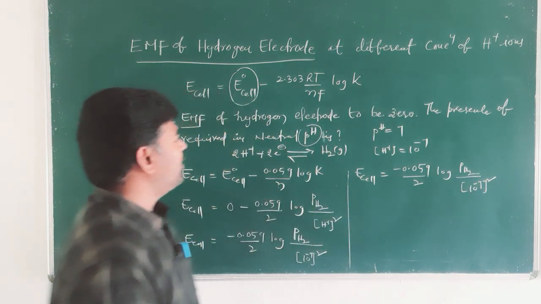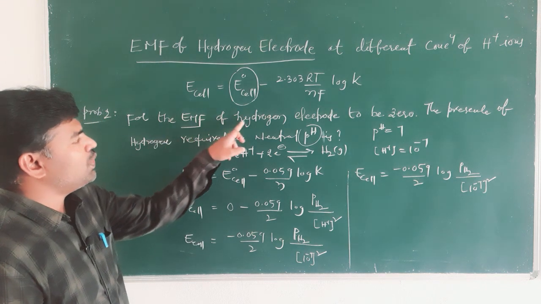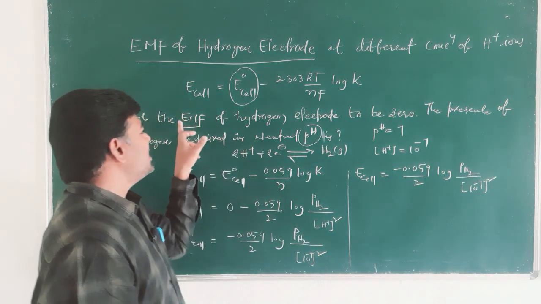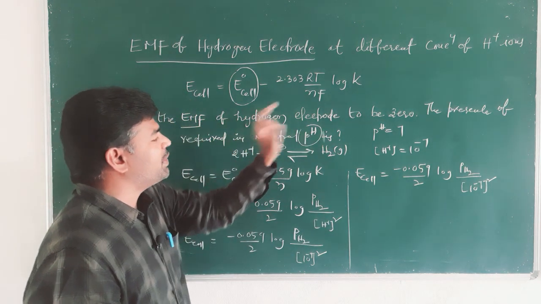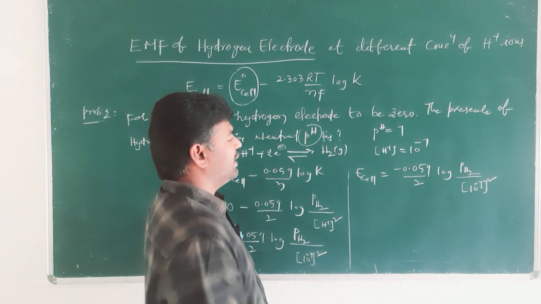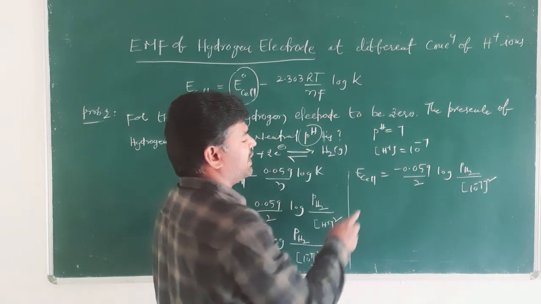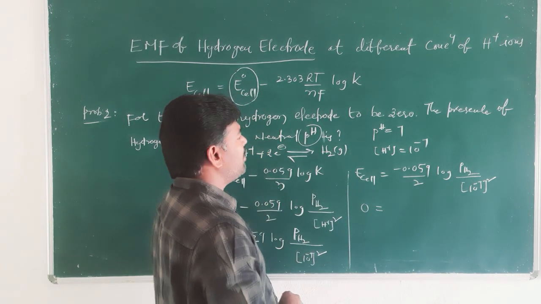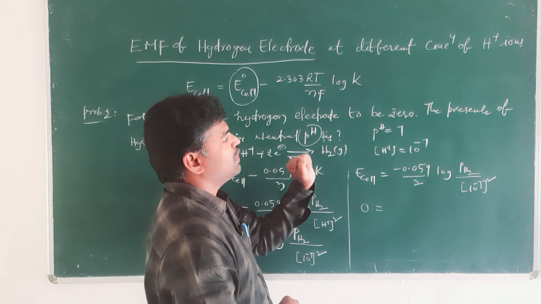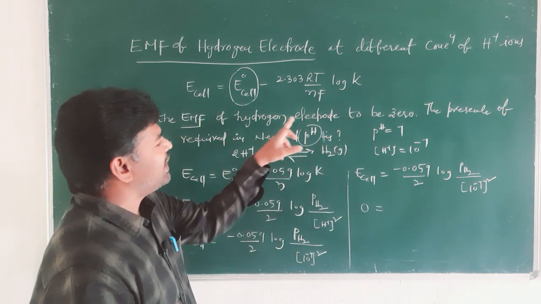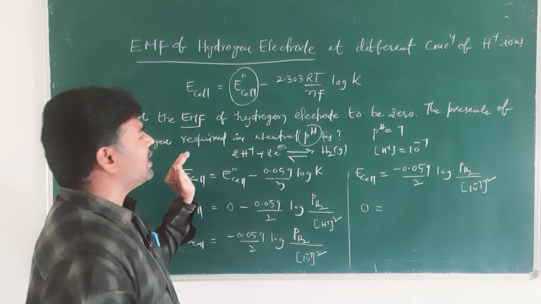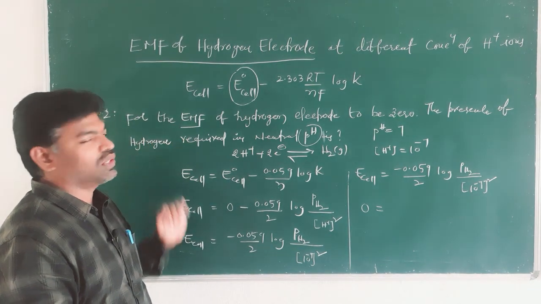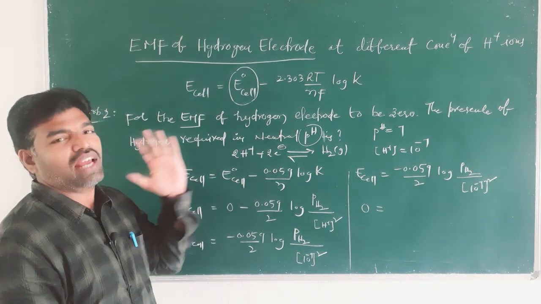But they gave that the EMF of the hydrogen electrode is to be 0. From that statement we can take E cell equal to 0. So, the EMF of the hydrogen electrode is to be 0. If the EMF of the hydrogen electrode is 0, then what is the pressure of hydrogen required?